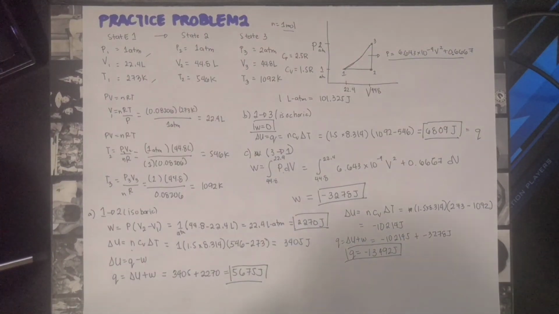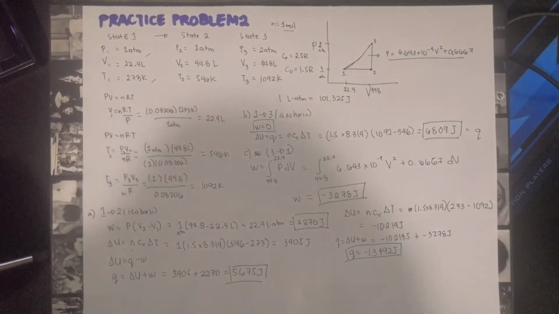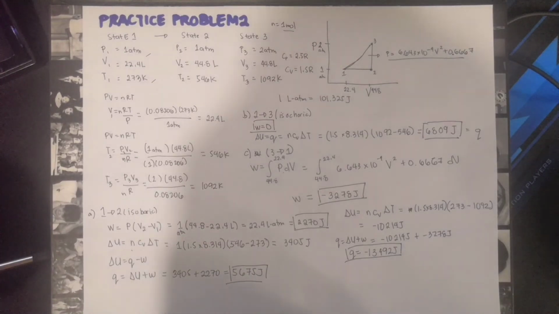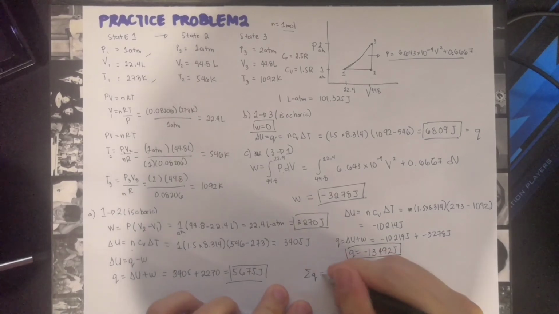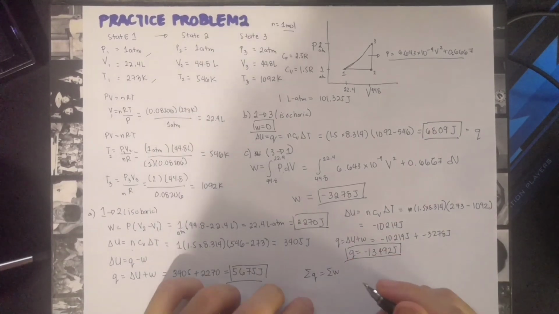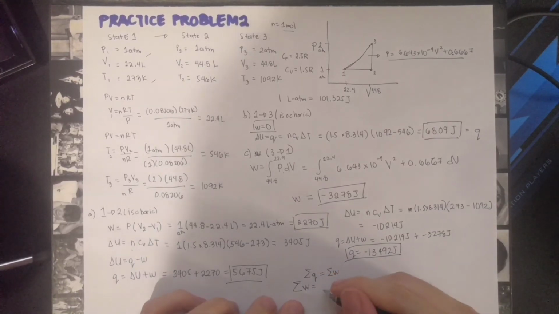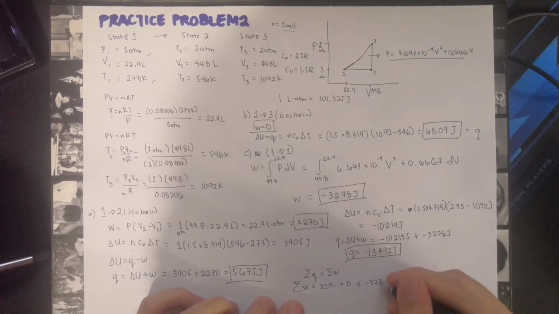And to know if our solution is correct or not, one way we can see is that in a cycle, the sum of the work is equal to the sum of the heat. The sum of the work would be equal to 2,270 plus 0 plus negative 3,278.